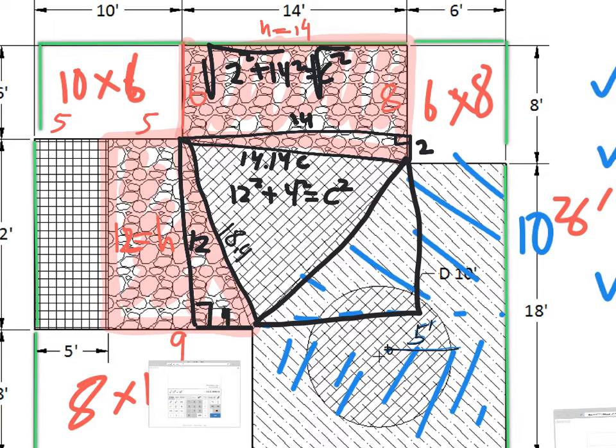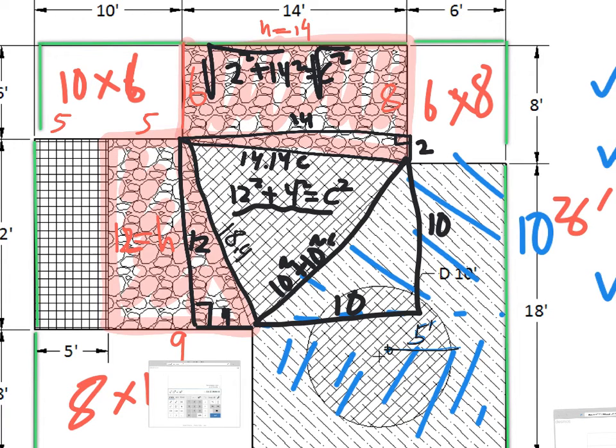Well, we know this whole distance is 14. And we know this bit we found out was 4. So this guy's got to be 10. And we know this vertical distance here is 12, and that's 2, so this has got to be 10. So this is going to be 10 squared plus 10 squared equals C squared.